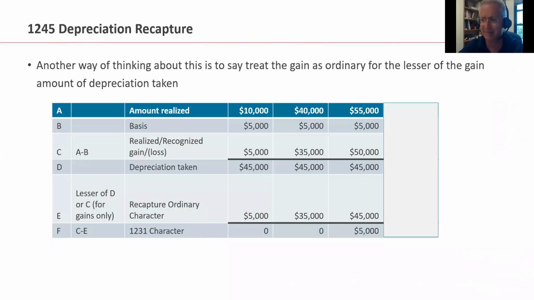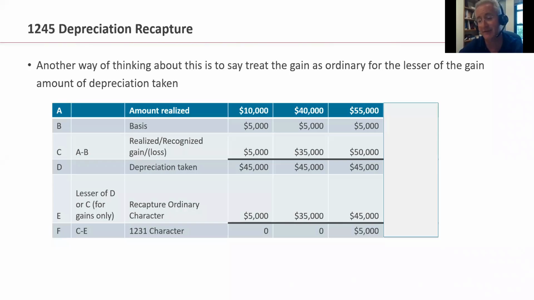Because when I buy something and it actually goes up in value, that's legitimate gain, right? So there's no way you should be treating that as anything but the character it needs to be. So remember, she bought this asset for $50,000. She sold it for $55,000. The second I knew that was true, I knew line F would be $5,000 because that's legitimate 1231 gain.